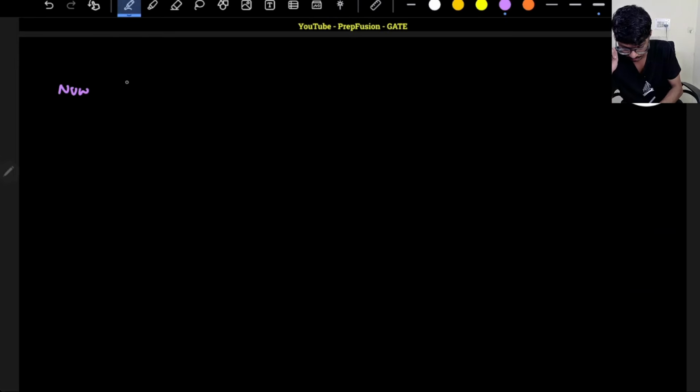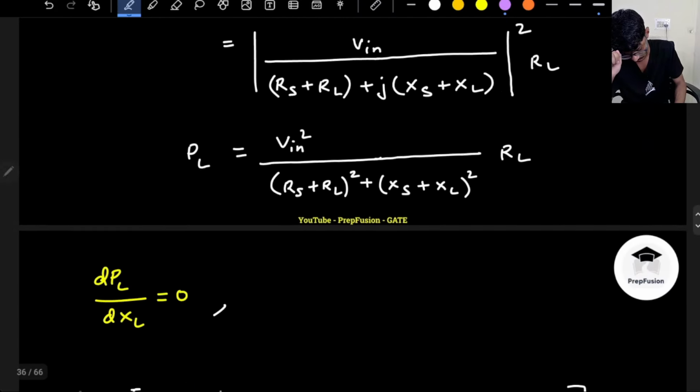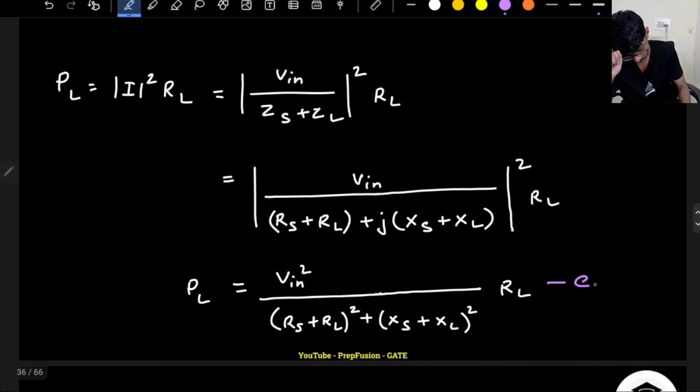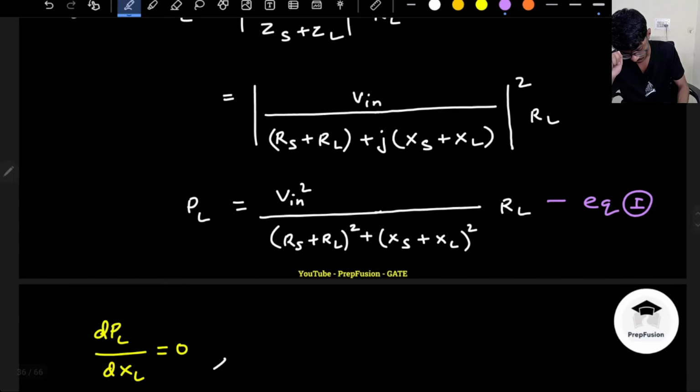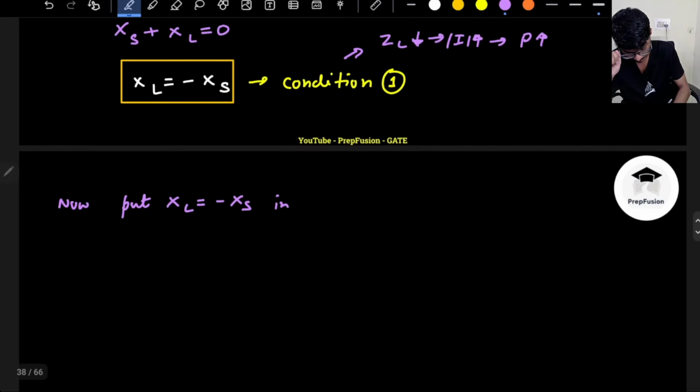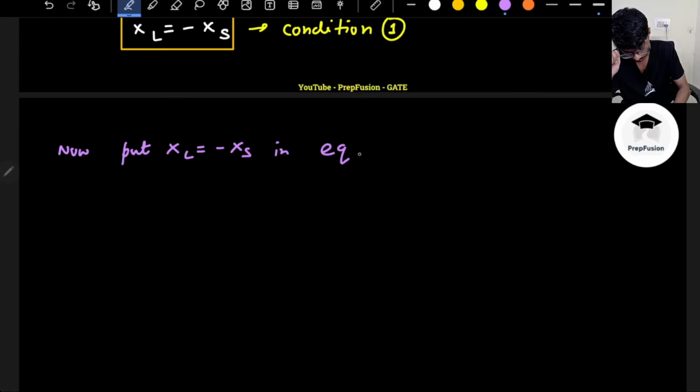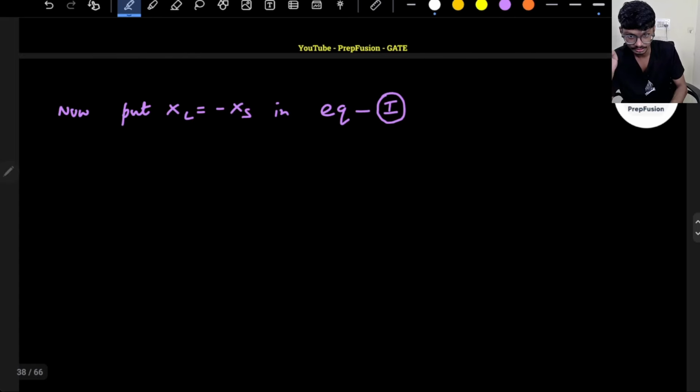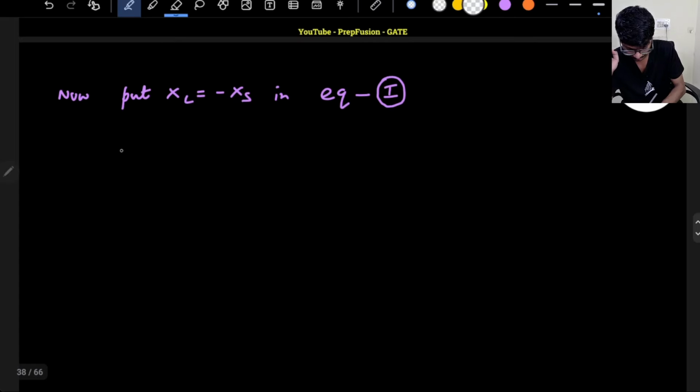Now what I will do is put this condition, XL equals to minus XS, in equation 1. Let me write this equation 1, that will be better. Okay, so if I put this in equation 1, from here my PL power will be what?